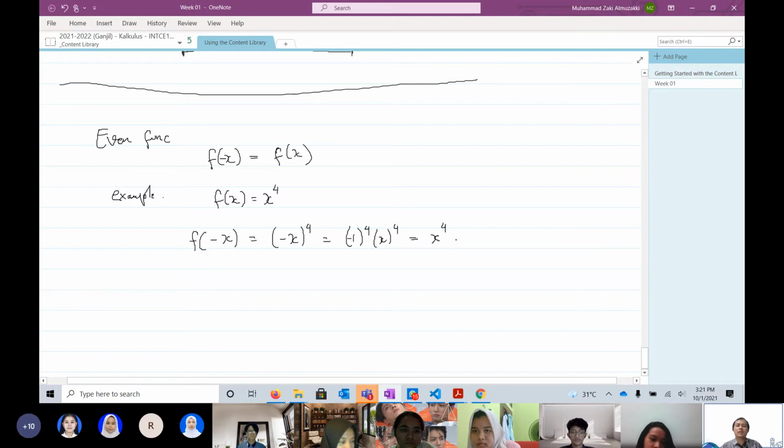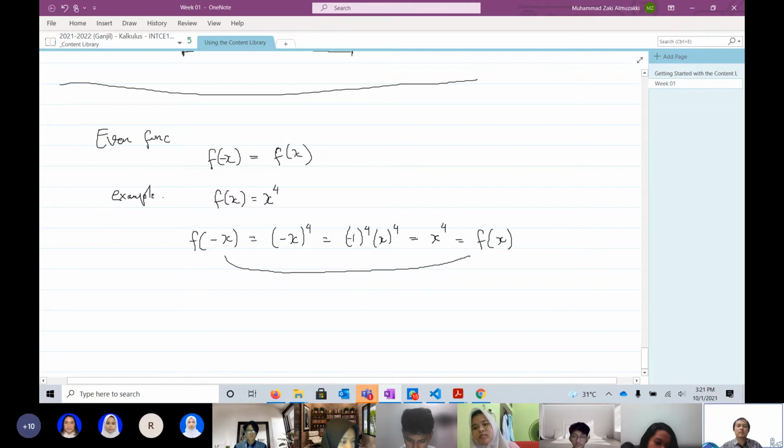Then this equals f of x. So in this case, we have this relation: f of minus x is equal to f of x. Then we have an even function.